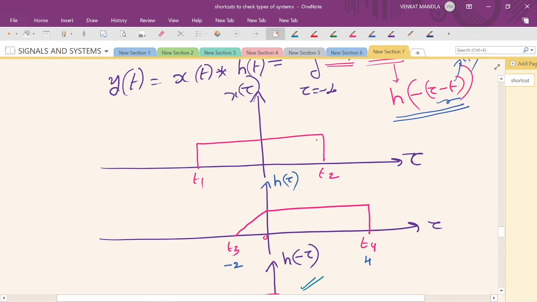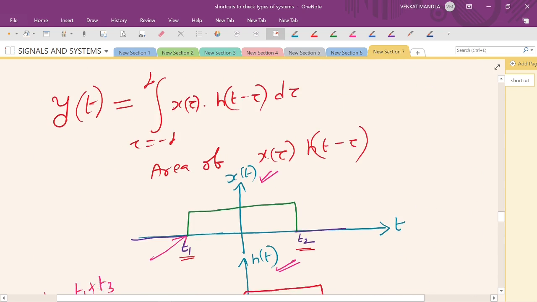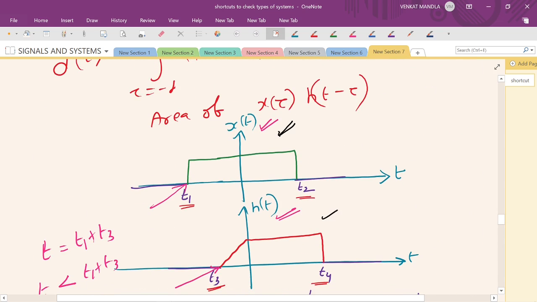This is x of t, this is h of t. The rightmost point is t2 plus t4, and the leftmost point is t1 plus t3.